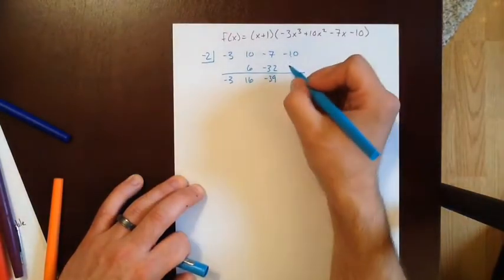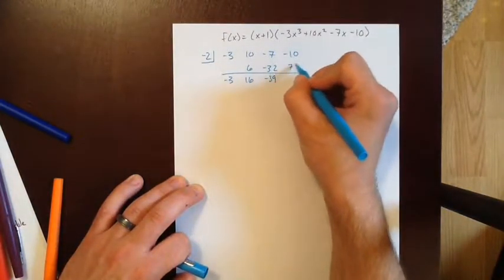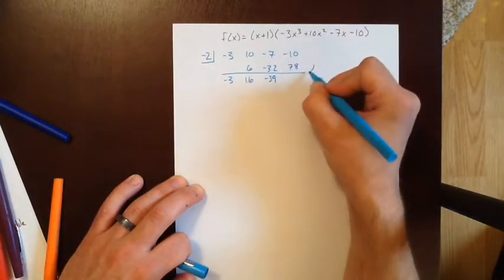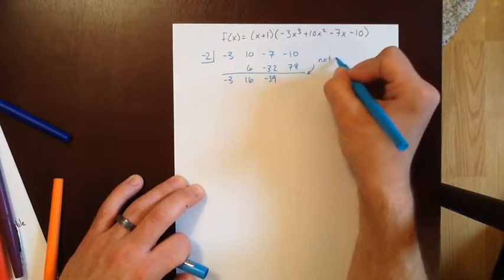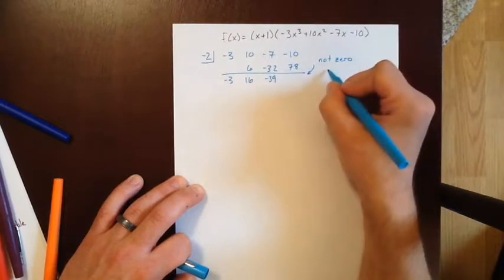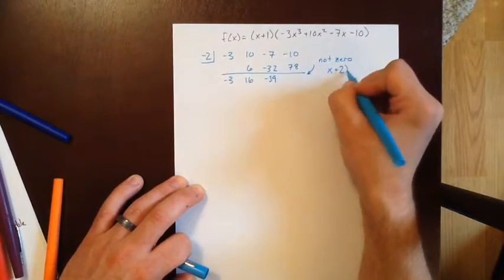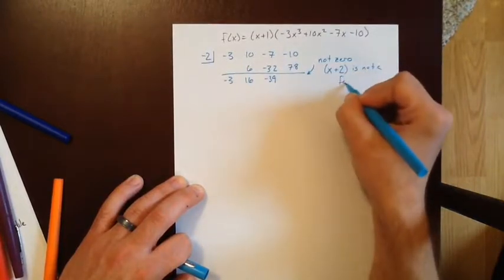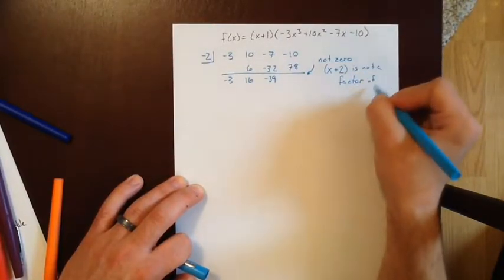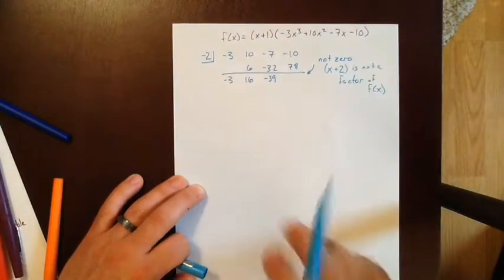That would be +78, which I don't need to solve. I know it's not 0. So what we can say is x plus 2 is not a factor of the function. Okay, so -2 didn't work.